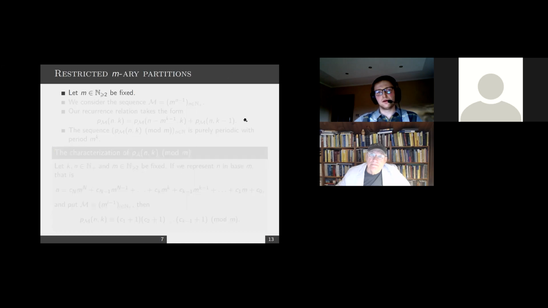That is, let us assume that m is a positive integer greater or equal to 2, and now we consider the sequence curly M to be a sequence of consecutive powers of m. And now our recurrence relation takes the following form. Moreover, it can be proved that the sequence p_m(n, k) modulo m is purely periodic with period m to the power k.